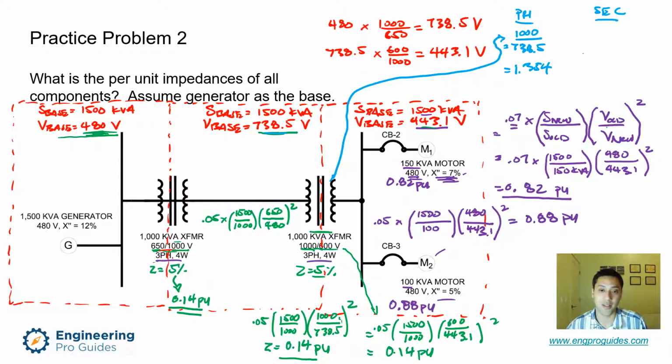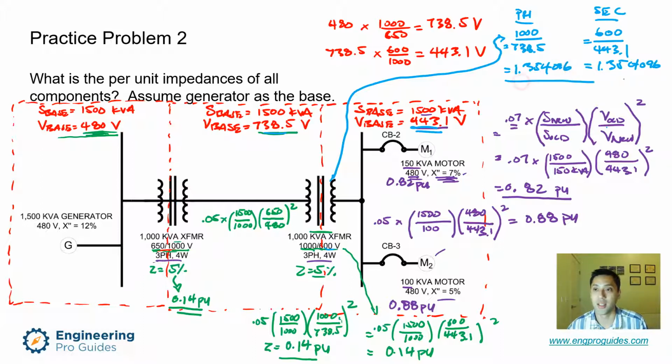And on the secondary side, the old is going to be 600 volts and the new is going to be 443.1. And we should get the same exact answer, besides some rounding that I did. 1.354.